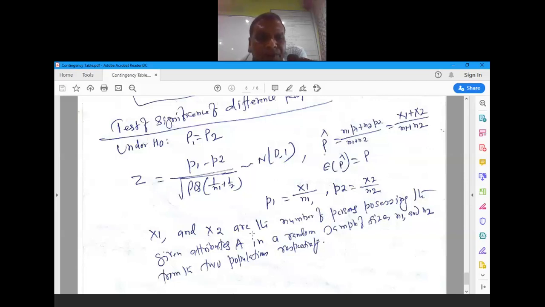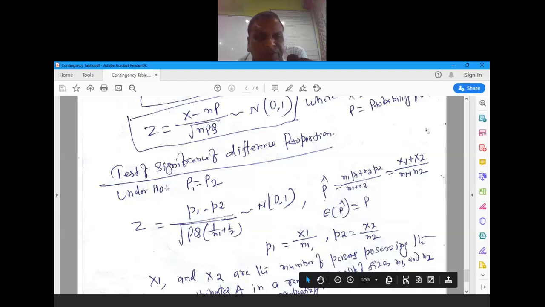Remember, this is the formula to test the significance of difference of proportion.